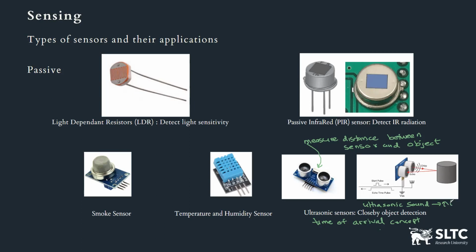Because of the high frequency, we cannot hear it, and anyway, it can move very far, to a longer range, and it can hit a certain object, and the reflected wave will reach back to the sensor.